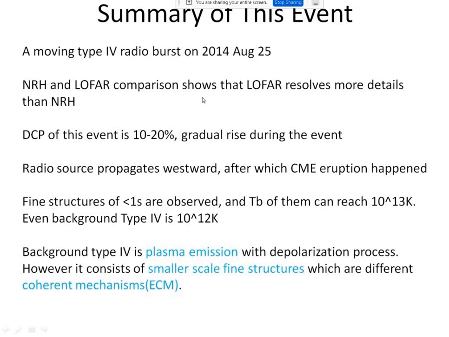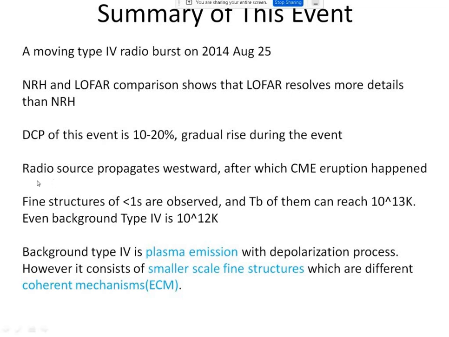Here is a summary of this event. We observed a moving type 4 radio burst on this date, and the NRH and LOFAR comparison shows that LOFAR resolves much more detail than NRH. The DCP of this event is 10 to 20%, and there is a gradual rise of the DCP during the event.